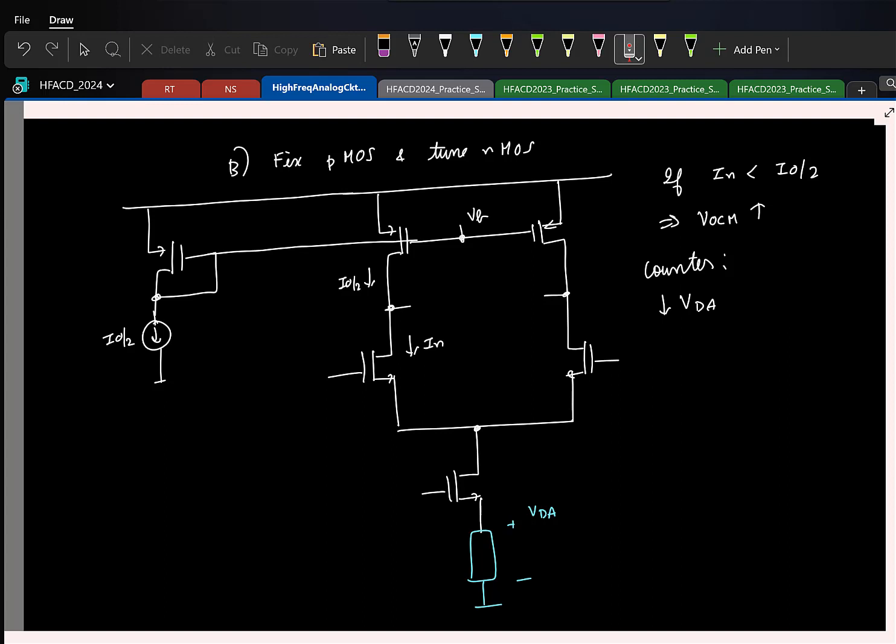So now you see, I find that if basically my common mode increases, I have to reduce this voltage. So essentially I need to have a 3-terminal element, wherein if the voltage in one terminal increases, the other terminal voltage should drop. What is the simplest element that does this? A common source configuration, a transistor.